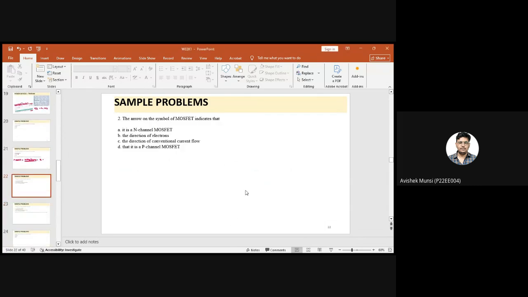Next, the arrow on the symbol of the MOSFET indicates what? This is a very easy question. Try to answer this properly and also mention why you're answering that.